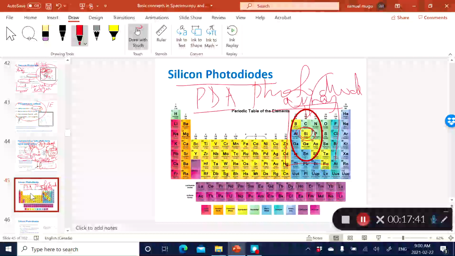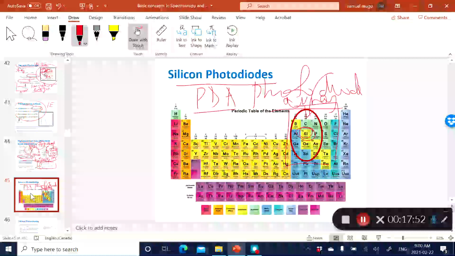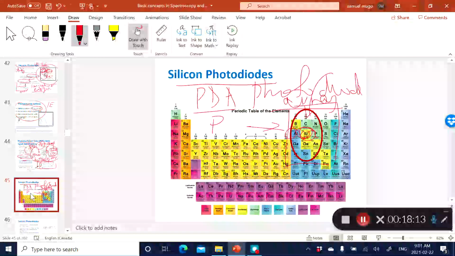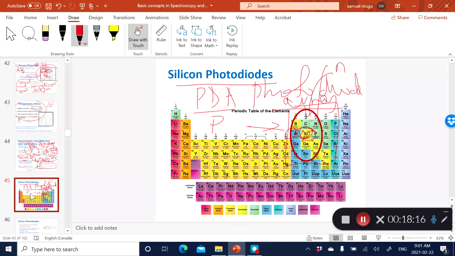Okay. But take note of this, the way it works with these photodiodes, and maybe some of you have heard about the PN diodes, they refer to the silicon being doped with, say, something like aluminum. And that would be a P type of diode. Whereas silicon doped with, say, phosphorus, which is in group 15, that one is referred to as the N type of diode. And you can see what's actually happening.